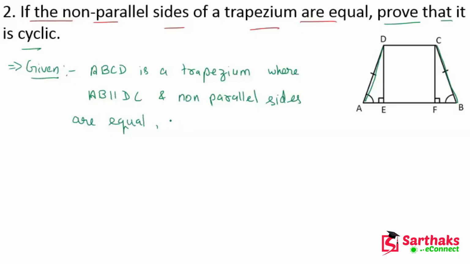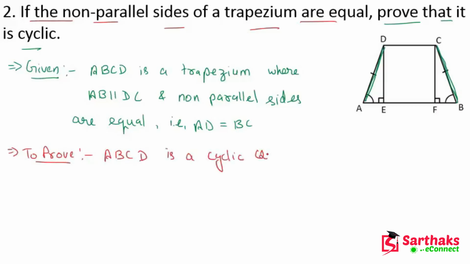It means that AD is equal to BC. Here this AD is equal to this BC. And we have to prove that ABCD is a cyclic quadrilateral.